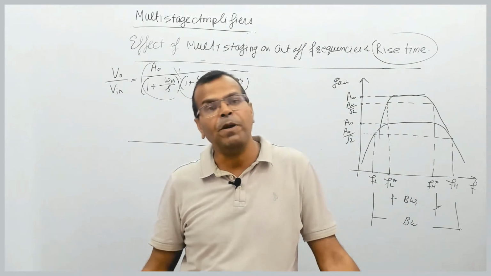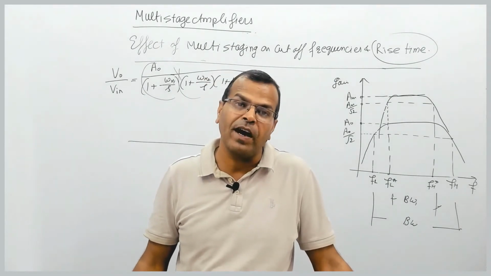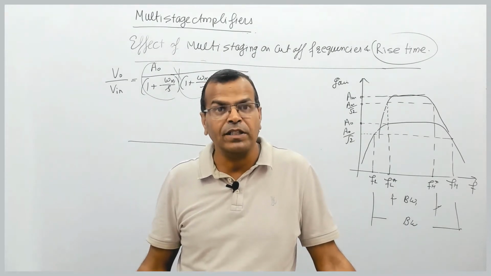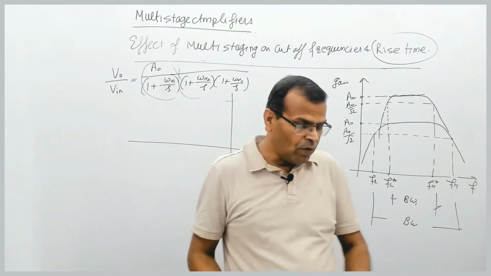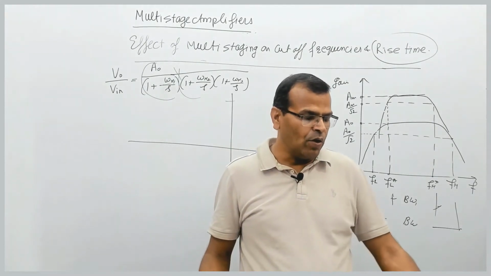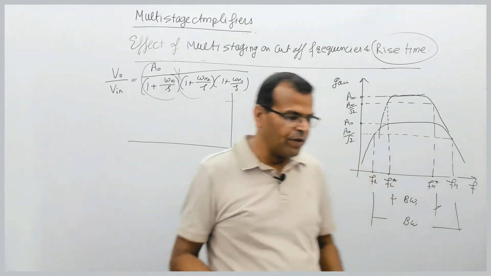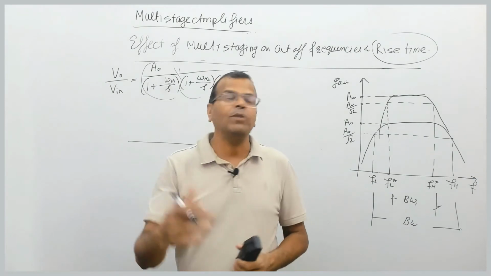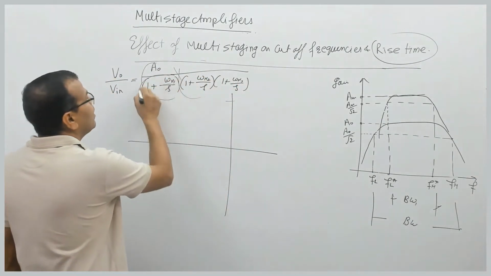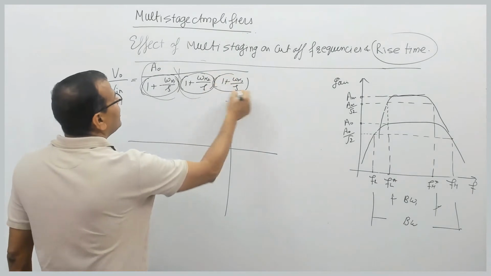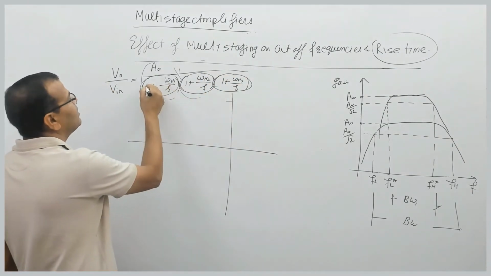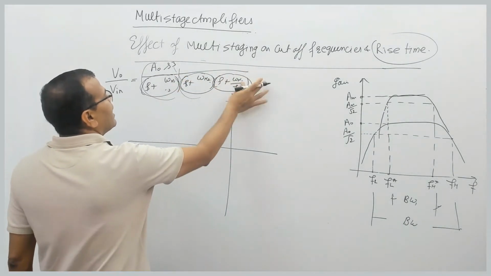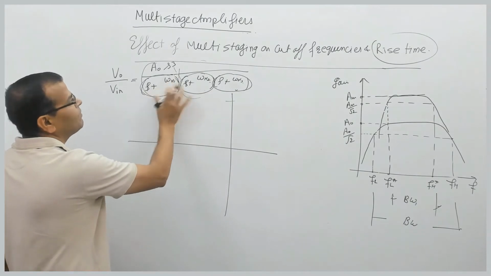And when there are multiple poles in the transfer function of the amplifier, how do you determine the overall cutoff frequency? That overall cutoff frequency becomes important when we know the cutoff frequency of each stage. So there is the concept of dominant pole. The concept of dominant pole means every factor in the denominator gives one pole, because when you take the LCM of this, there will be S cube in the denominator, and S and S cube in the numerator.